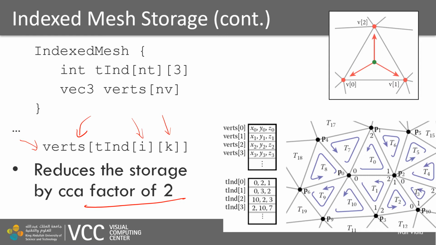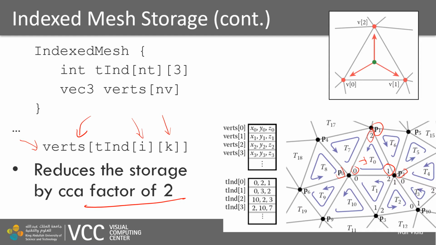Now let's have a look at this example of a triangle mesh where we have several triangles organized in this indexed mesh. For example, we have here triangle 0, and we can see that it has P0 as its zeroth point, P2 as its first point, and P1 as its second point. And it is nicely defined in a counterclockwise manner.